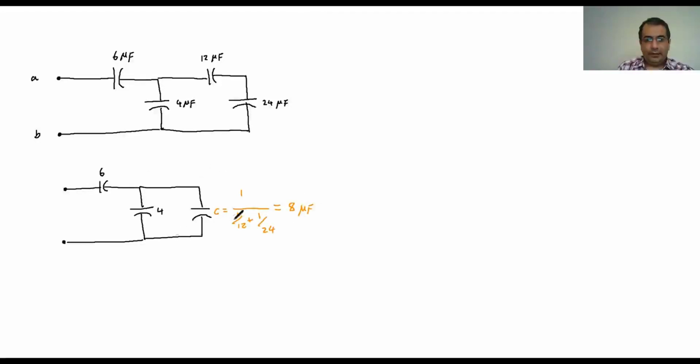Now that I have it like that, I can say these two are in parallel, so I replace these two with a single one. Again I have this 6 here, and then I have the one that replaces these two.